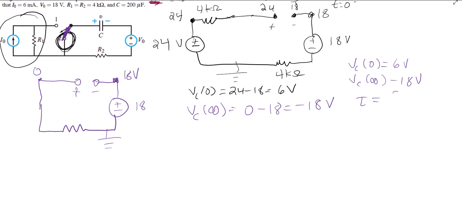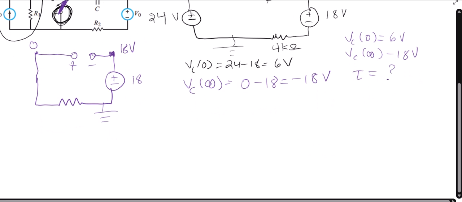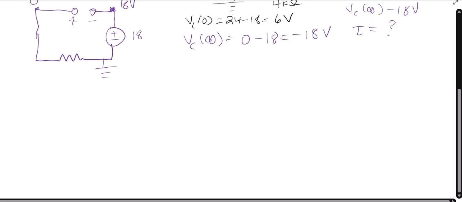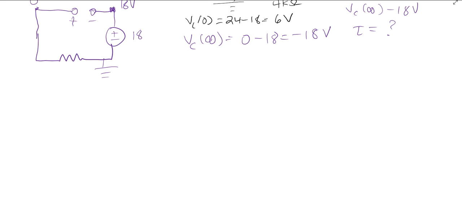Next thing I need to do is get tau. To get tau, I look at my circuit during the time period that I'm interested in, which is after the switch has been thrown. So it looks like this.